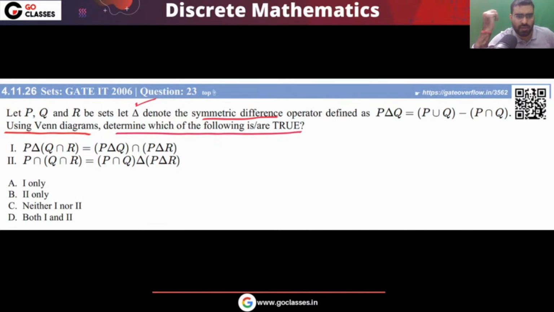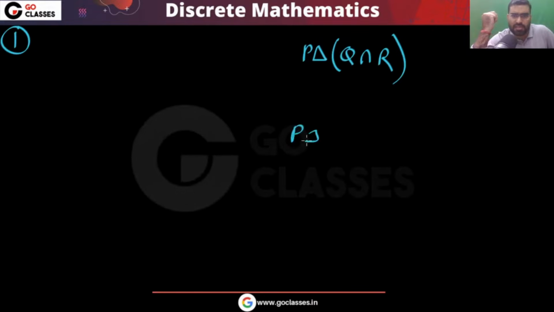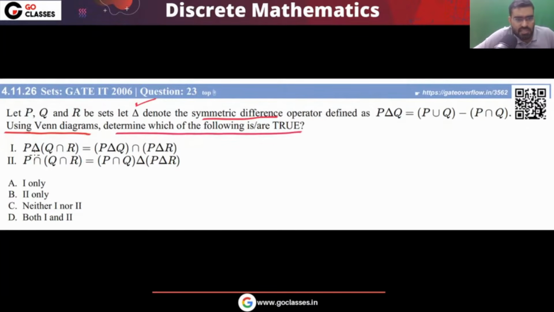Let's see option number 1. That is P symmetric difference (Q intersection R), and the RHS is (P symmetric difference Q) intersection (P symmetric difference R). If you notice, this is a distributive property.